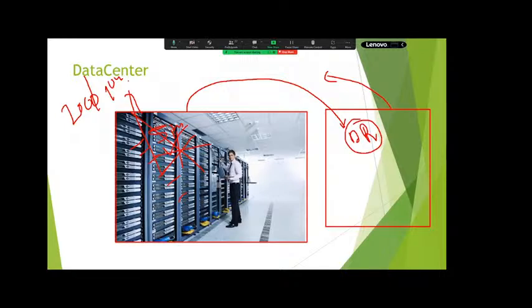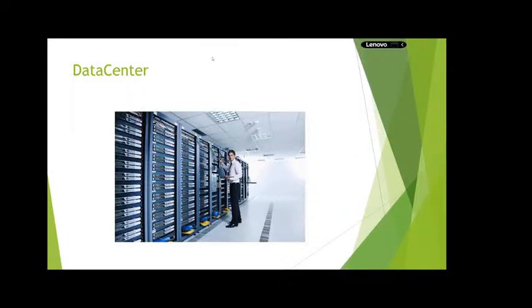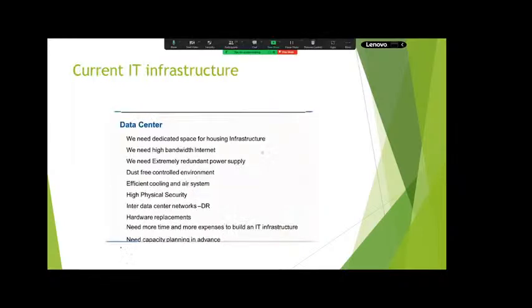That's it. In the same way, to keep our data safe and secure, we need to maintain disaster recovery. But building another same data center is again a cost. Again, it is a cost. The other thing is we need more time and more expense to build infrastructure.